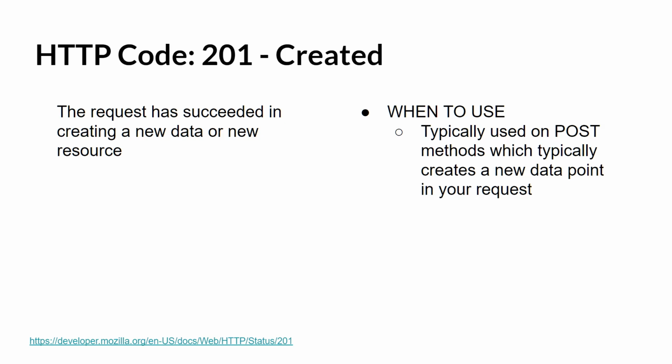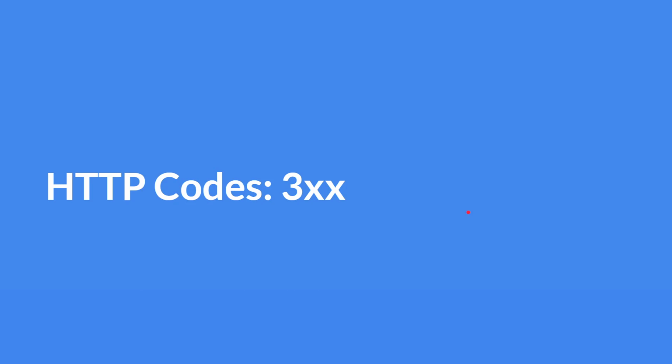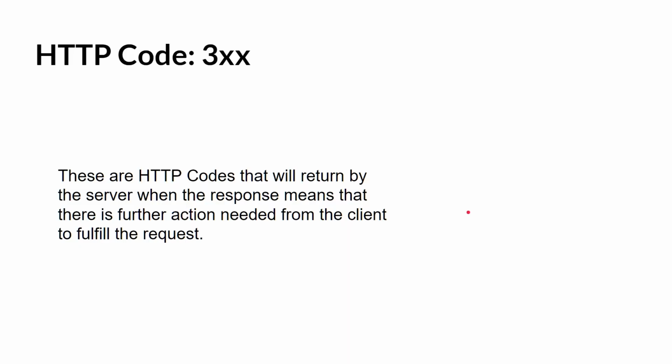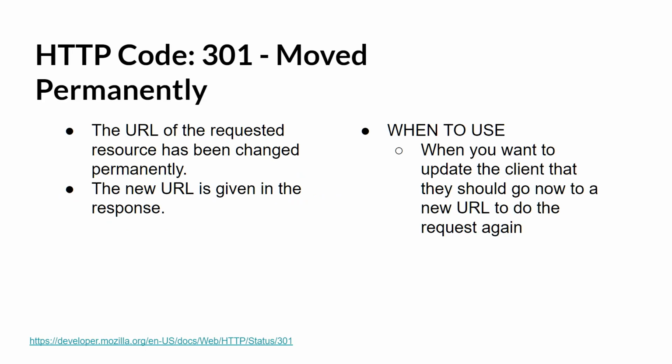For HTTP codes in the 300 series, this means that you need an additional action to fulfill the request. If you get a 301, it means moved permanently, so you need to send the proper request to the new URL that is provided.